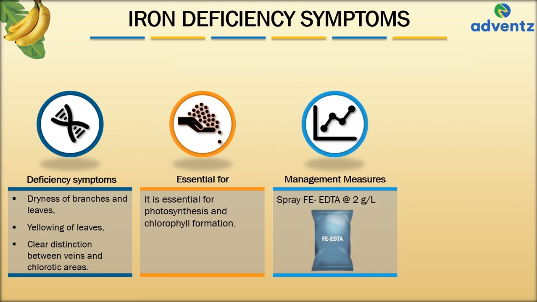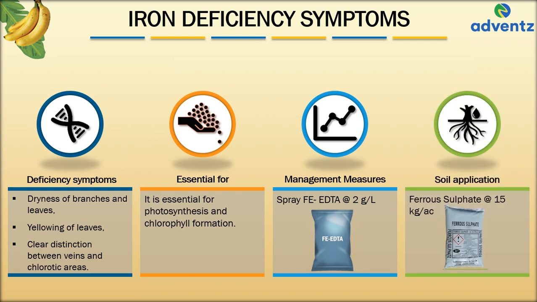To rectify iron deficiency symptoms, we need to spray iron EDTA at the rate of 2 grams per liter, and for soil application, we need to apply ferrous sulfate at the rate of 15 kgs per acre.